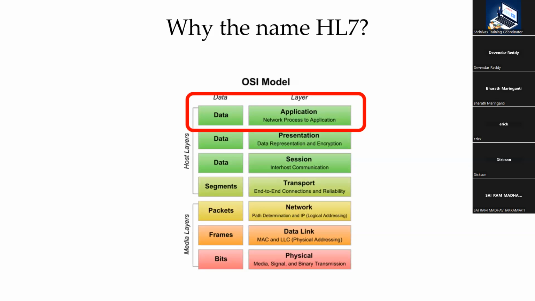OSI is Open Systems Interconnection, which has 7 layers, as you can see on the screen. The topmost, 7th layer is called the application layer. As you progress, you have presentation, session, and the last layer is the physical layer. The physical layer is nothing but the layer where your ports get connected, your Ethernet port, your USB port, your HDMI port, and all.